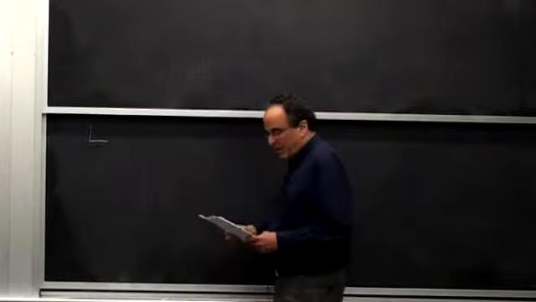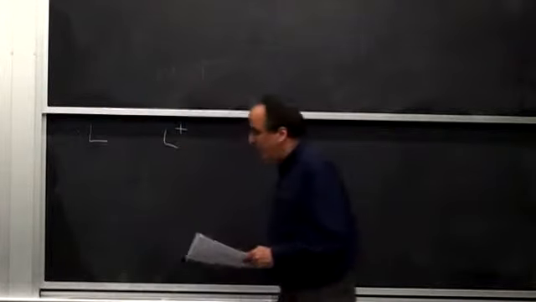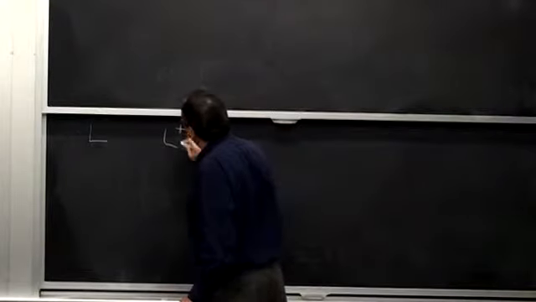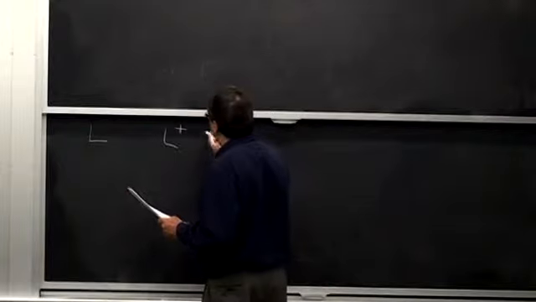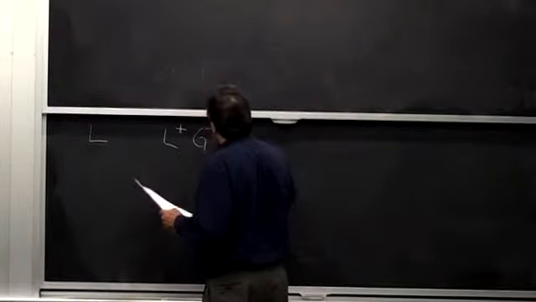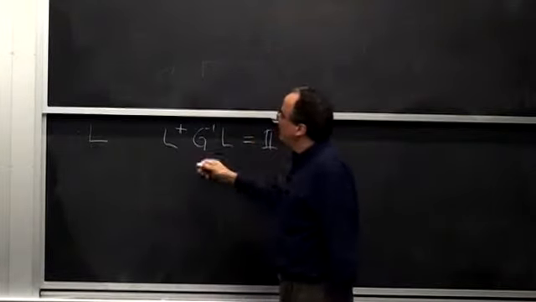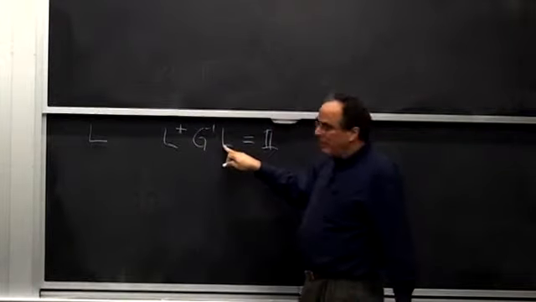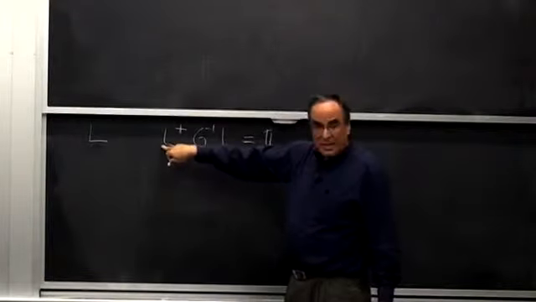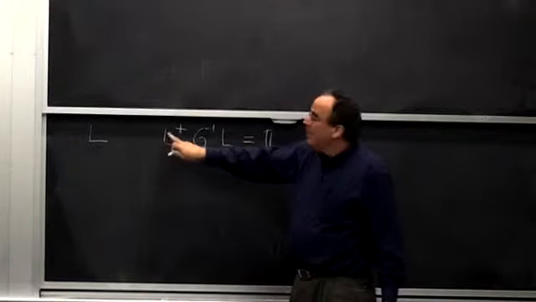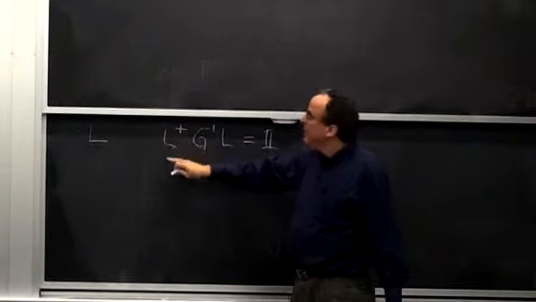There is also another relationship that came up when we were dealing with the analysis of the vibrational problem. We saw that this had to be true: the L matrix multiplied by the inverse of the G matrix multiplied by the conjugate transpose of the L matrix. And since these matrices are real, conjugate transpose is just transpose.